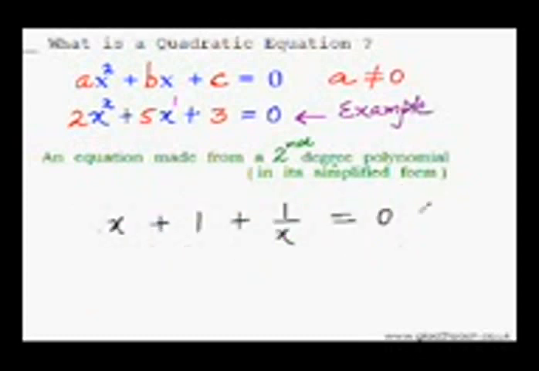So now tell me, how about this one? You have to get this one right. Is it a quadratic equation or not? This one is a quadratic equation. Surprised? At first glance, it looks as if it's not even a second degree equation. But in its simplified form, once again, get rid of this x in the denominator.